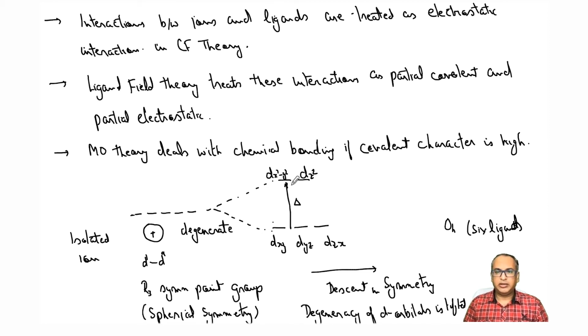This will be delta. The complete gap will be delta, and then if we divide this into two parts, if this was my original ground state, then this particular thing is equal to minus 2 by 5 delta, and this will be 3 by 5 delta.